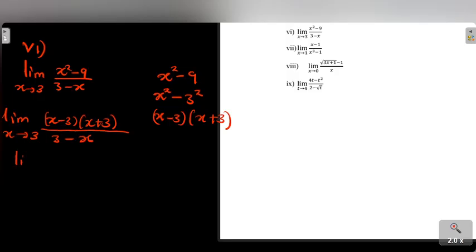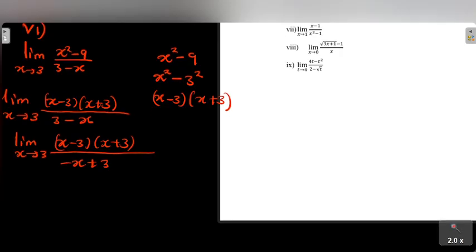So now we have the limit as x approaches 3. We have x minus 3 and x plus 3 over, now we are going to start with a negative x plus 3. I hope you're able to see what I'm trying to do. I want us to cancel the denominator with what we have on top.